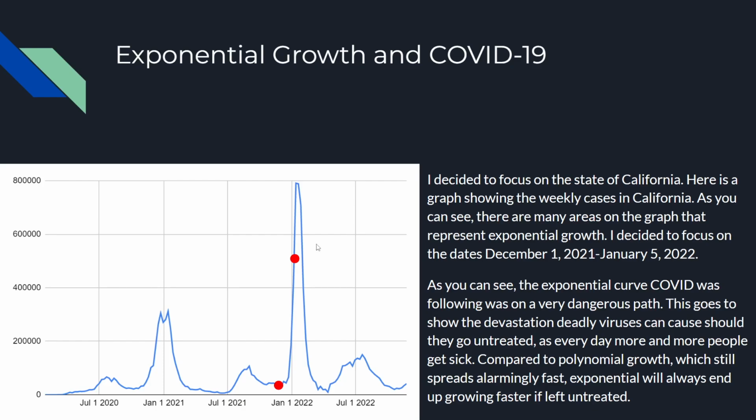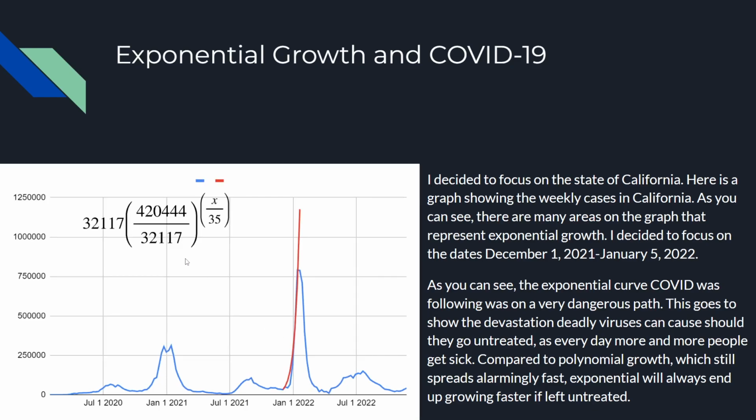Now, as you can see, it was following a very dangerous path, and that function is represented by this. And you can see, if it were to be left untreated, it would have been even more devastating. So, this goes to show the devastation that a deadly virus can cause should it go untreated, with every day more and more people getting sick.